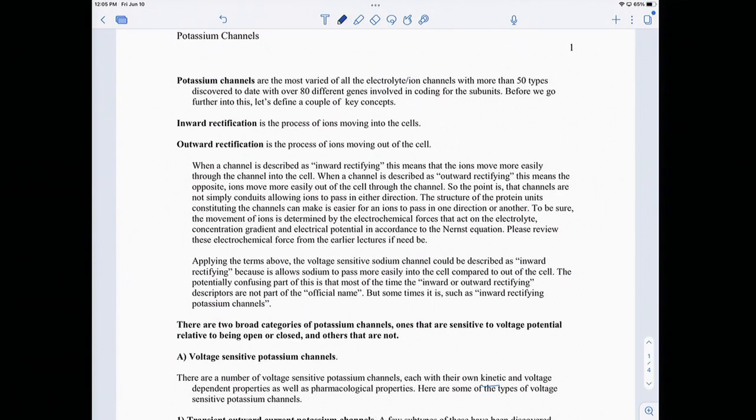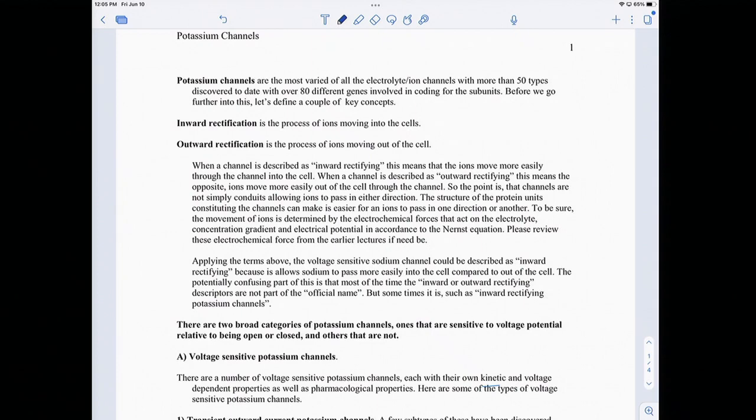One is rectification. Rectification in the context of cell biology simply means that I am having a flow of ions, and because these ions are charged, hence the definition of an ion, when they flow, I'm moving charge, which means I am moving the potential of the membrane.